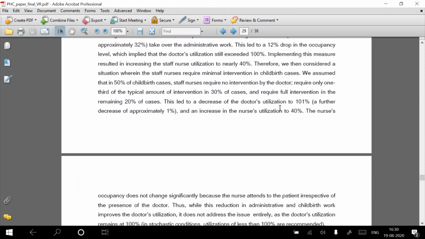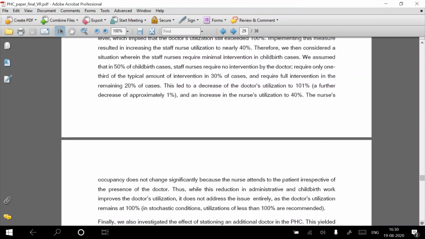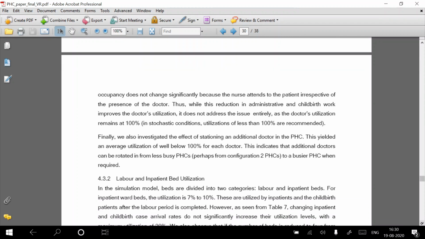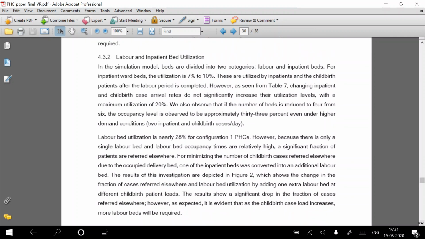So we said this led to a decrease of the doctor's utilization to 101%, and an increase in the nurses' utilization to 40%, right, and so on. And then we said, okay, what happens if you add another doctor? And then we said that yielded an average utilization of well below 100%, for example, right? Then labor and inpatient bed utilization. For example, we said, okay, a significant fraction of patients are referred elsewhere.